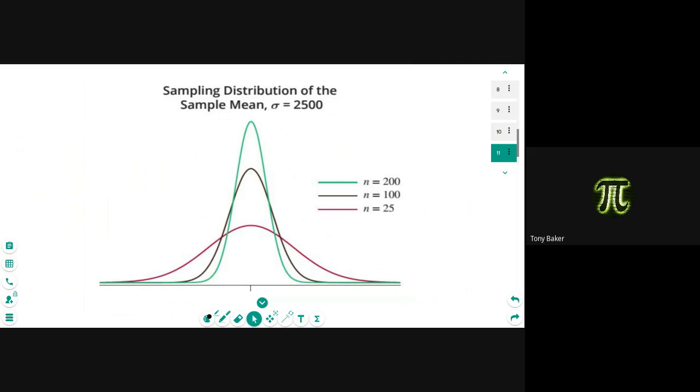As I use bigger and bigger samples, so if I get up to 200, I have a pretty good shot that it's going to be somewhere in between here. I know I'm getting closer and closer to what I believe my mean would really be. Okay, does that make sense? Yes or no? Yeah. Okay.